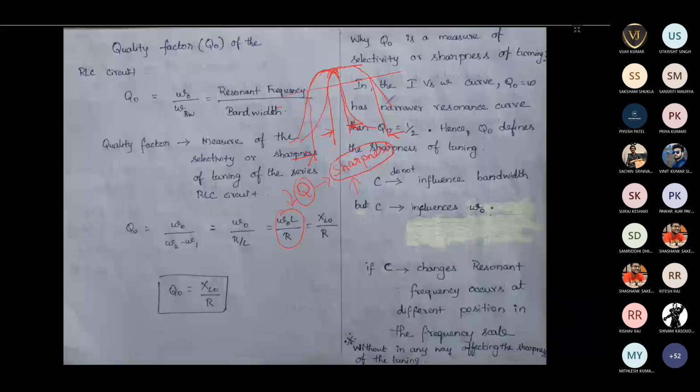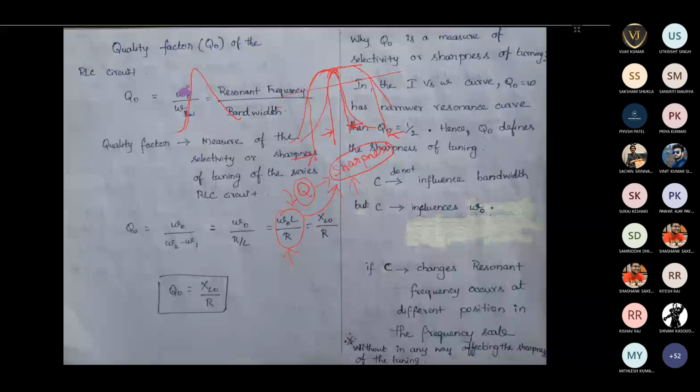In order to provide that, we are going to talk about omega L divided by R. This is called the quality factor. This quality factor defines the sharpness of the signal. The sharper it is, the higher the quality. Based on this sharpness, we are going to define the range between these signals.